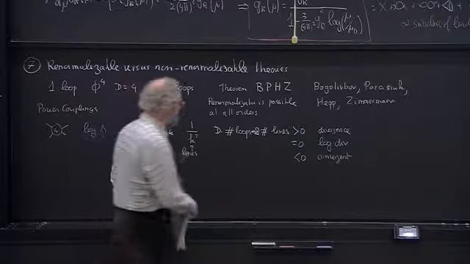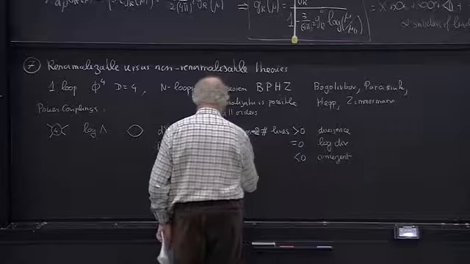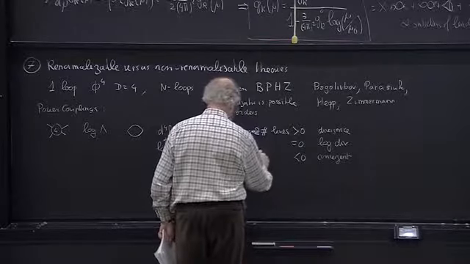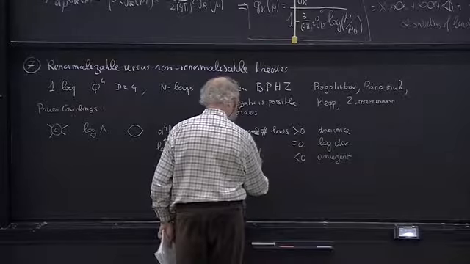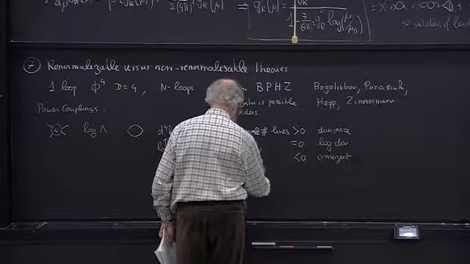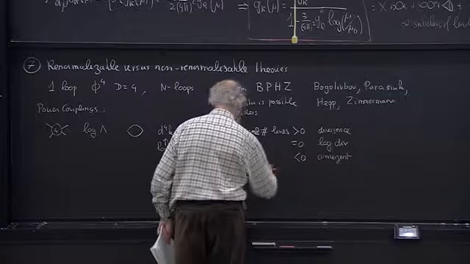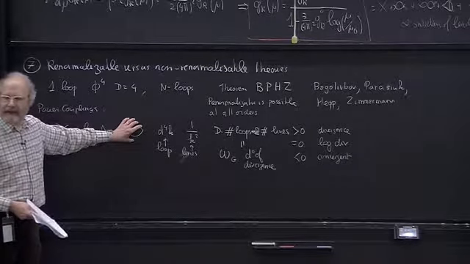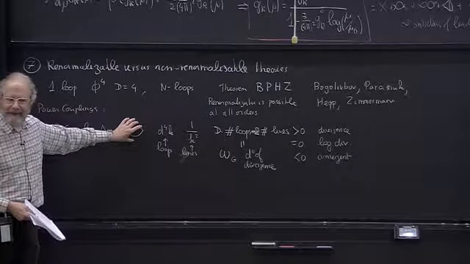So you see that this number, which is called the degree of divergence of the graph G, tells you whether you expect to have ultraviolet divergence in the diagram. Okay?